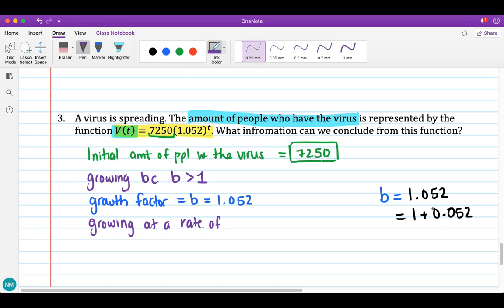How do I rewrite 0.052 as a percent? Well, I move it 2 units to the right and I get R is equal to 0. Nope, just kidding. 5.2%. So I know it's growing at a rate of 5.2%.